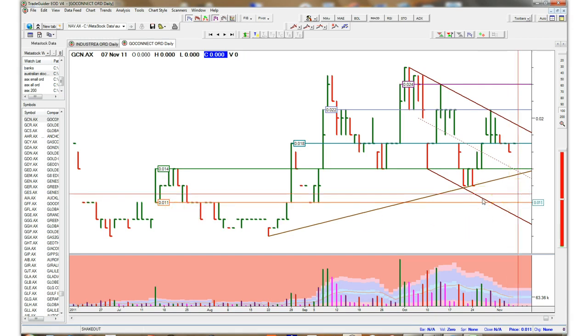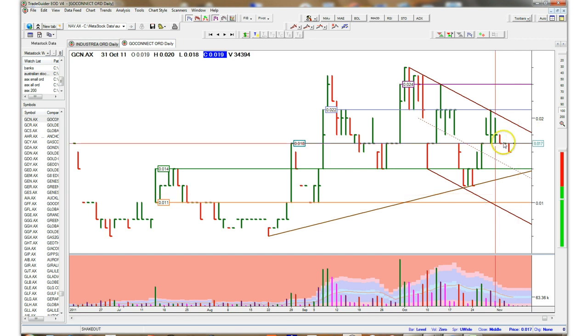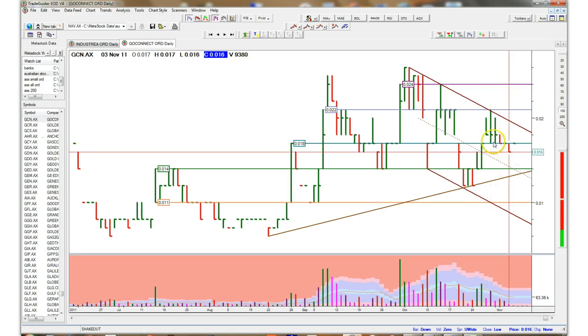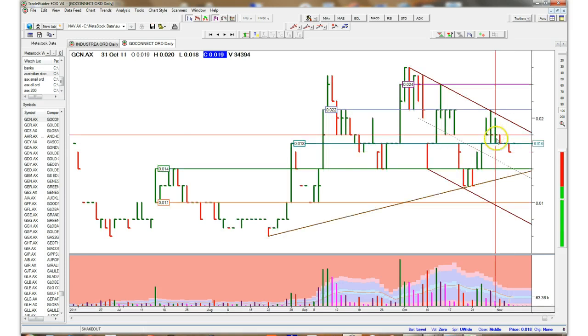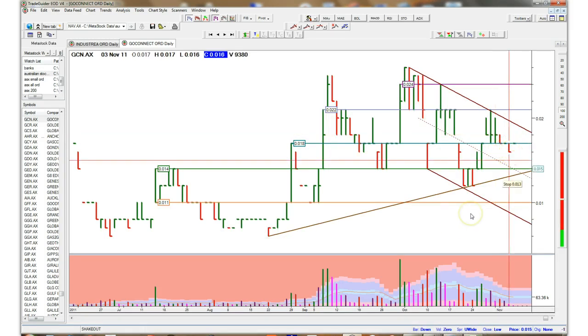But anyway, that's GCN. It's just acting weak at the moment. We had a high volume up bar, and the result of that high volume is this week we've broken the low of that bar, and that's showing that it's full of selling and acting weak at the moment. And even though there's not a lot of selling pressure there at the moment, there hasn't been a positive response to show, well, they're testing, there's no supply there, that means they can take it up.